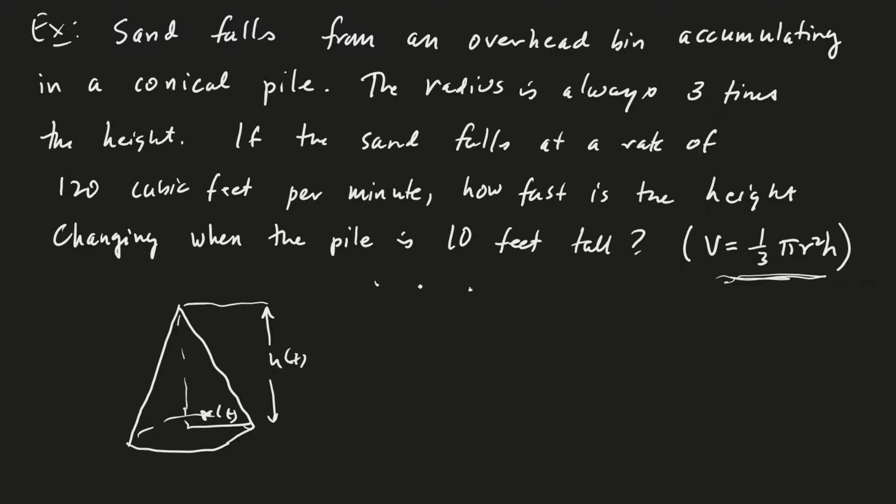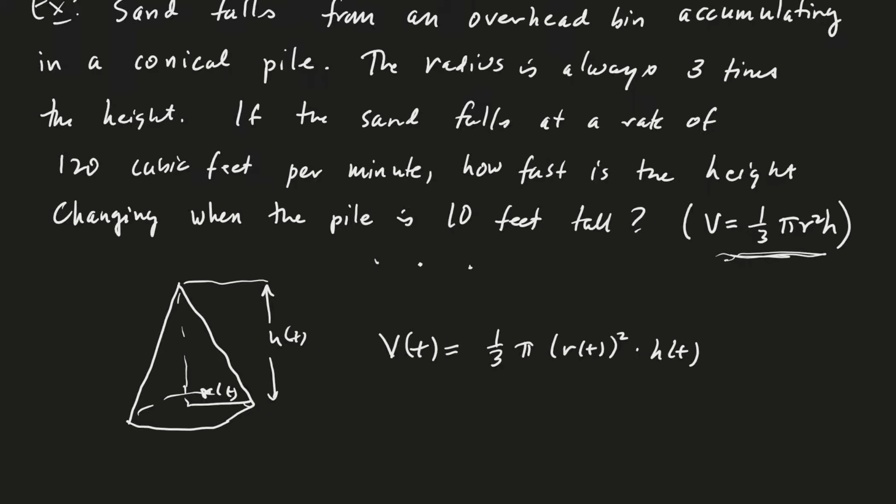And we know that volume is a function of t, so let's say that volume of time is 1/3 times pi times r of t squared times h of t. If you've gotten this far, let's see what we need to do from here.